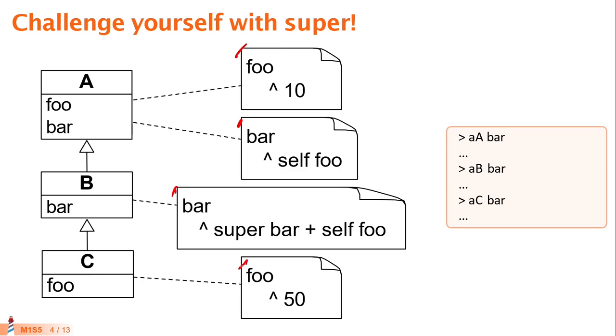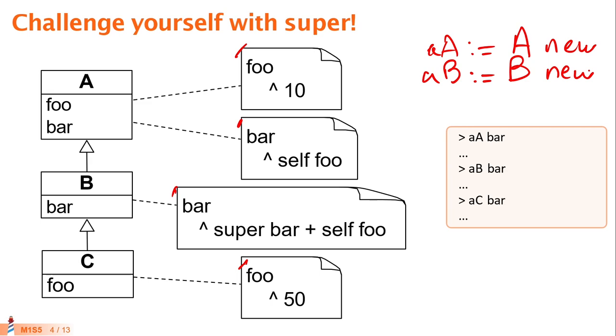And we have 3 different instances: an instance of A, an instance of B, and an instance of C. We are going to send each of these a message bar. Take a couple of minutes to try to understand what will be the result of each of these expressions.